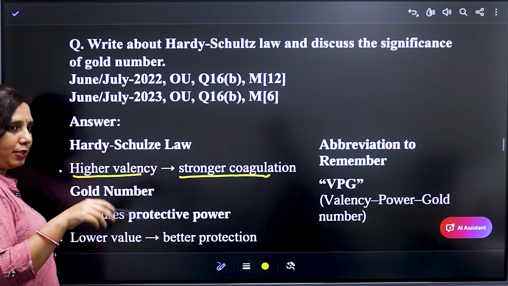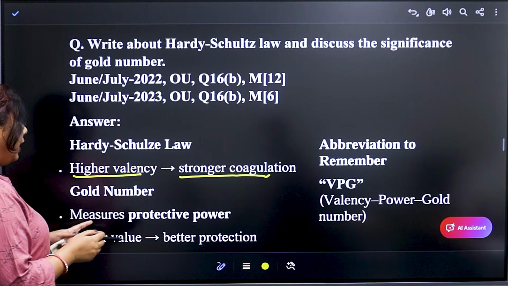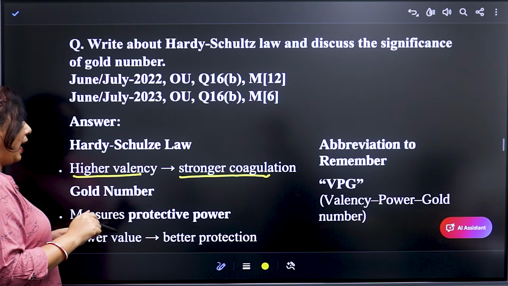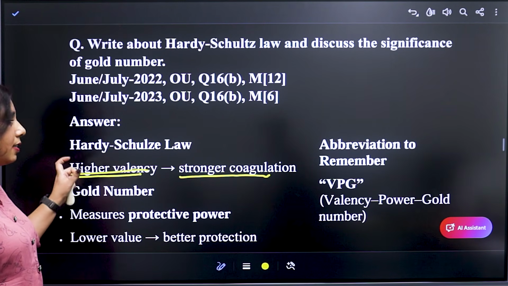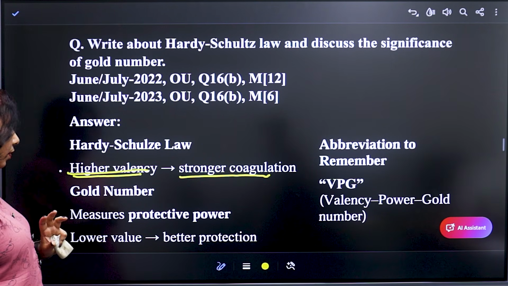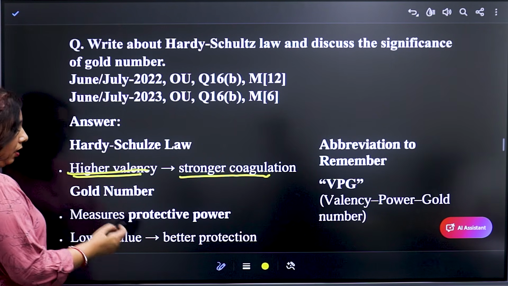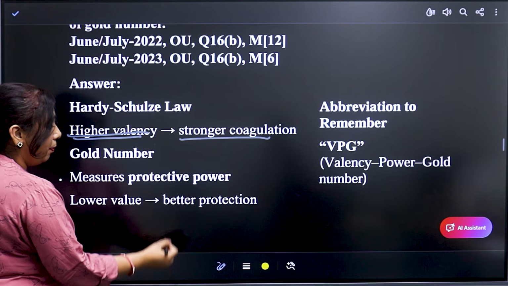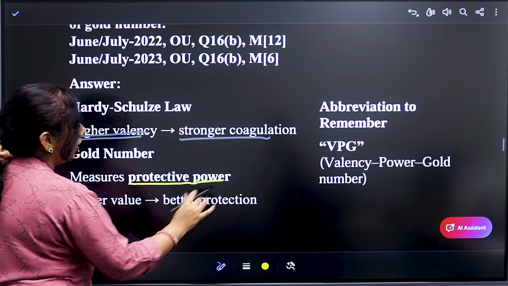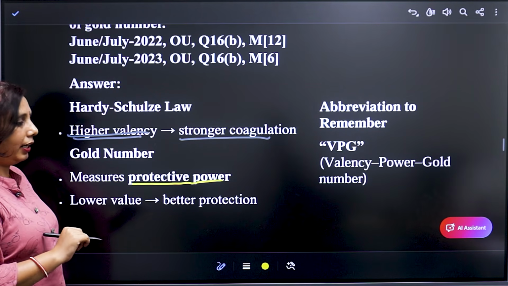If a colloid has to be coagulated, then the electrolyte that is to be added should contain higher valency. That is Hardy-Schulze law. Then gold number. Gold number will measure the protective power of a lyophilic colloid.